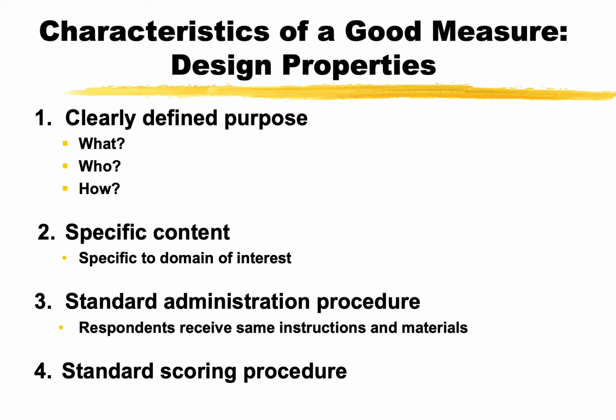We can identify basic properties of a good test. There are four we are going to focus on: a clearly defined purpose, a specific and standard content, a standardized administration procedure, and a set of scoring rules. Let's consider each of these.